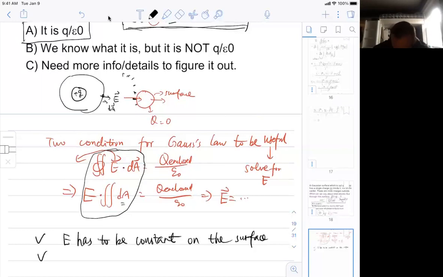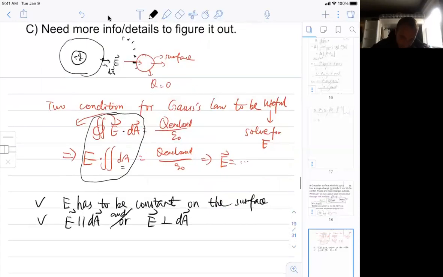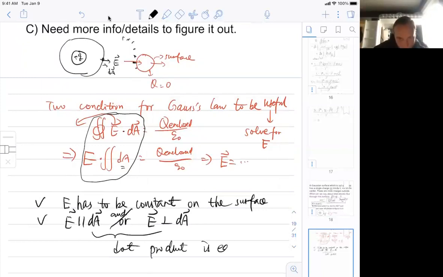So either you want E to be parallel to dA, or you want E to be perpendicular to dA, because in both of those situations the dot product is easy to calculate. So you need those two conditions to be met for Gauss's law to be useful.